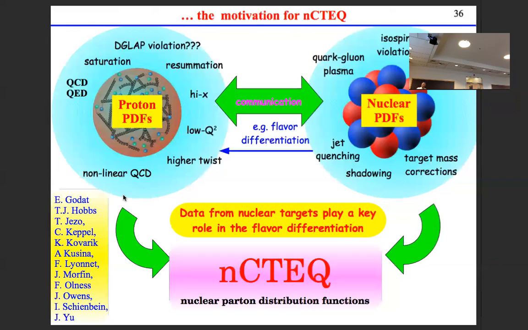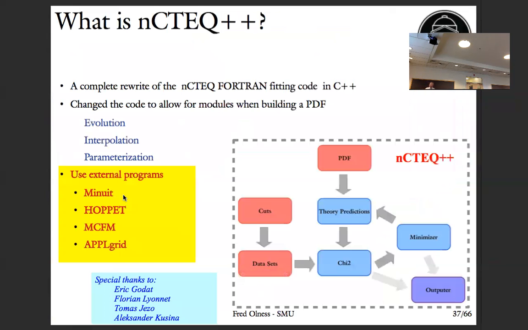But then we had a number of some of the younger postdocs come in, and they said they refused to do Windows or Fortran, so we've converted that to C++, and I have to confess, they dragged me kicking and screaming, but I'm coming around. And in the process of rewriting that, we made it more modular so we can plug in modules. Now, MINUIT we had used before, but that's now a plug-in module.